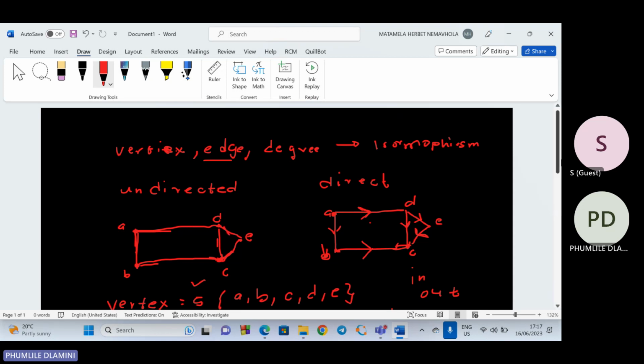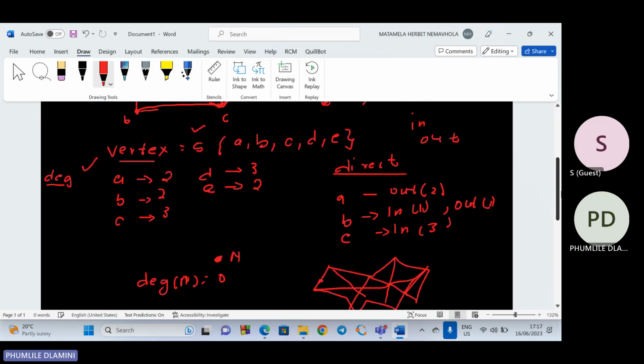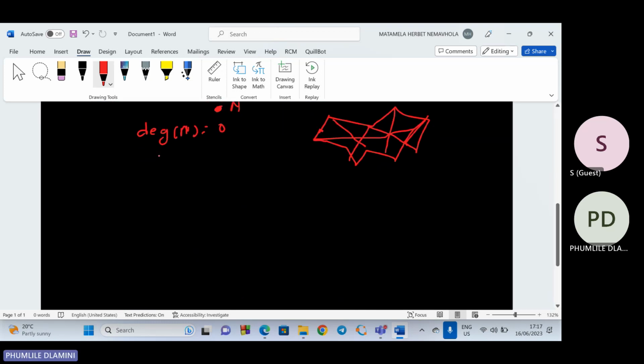Now we have a theorem which helps us to find the edges in a simpler way.